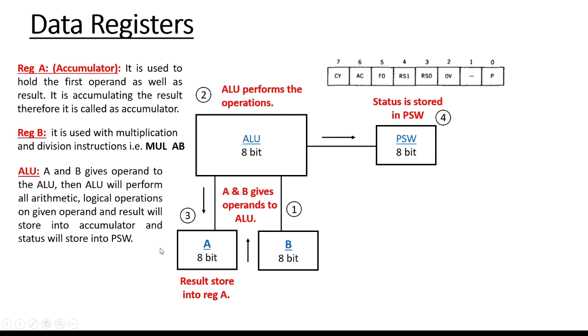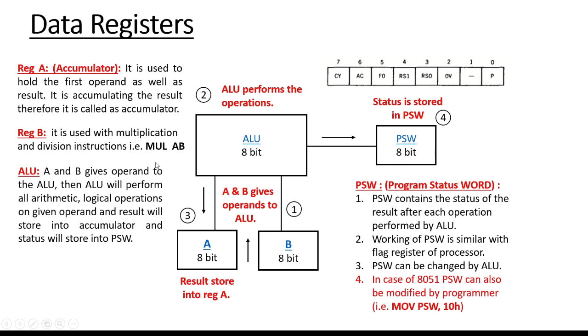The A register is also used for data transfer between the 8051 and the external memory, whereas the B register is used with the A register for multiplication and division operations and has no other function other than as the location where data may be stored. Here you can see the syntax for the multiplication and division operation, MUL AB, and the ALU is used to perform all the operations.